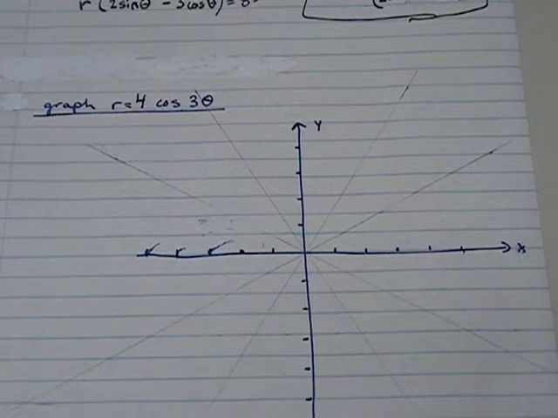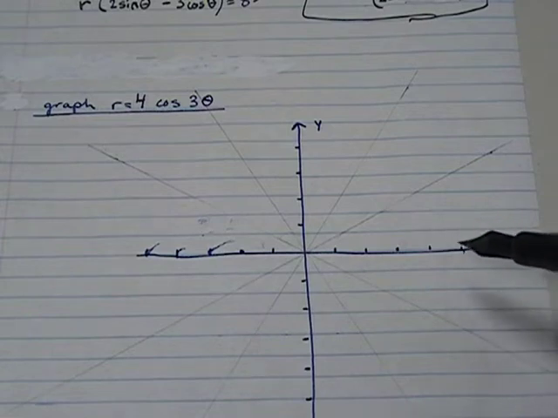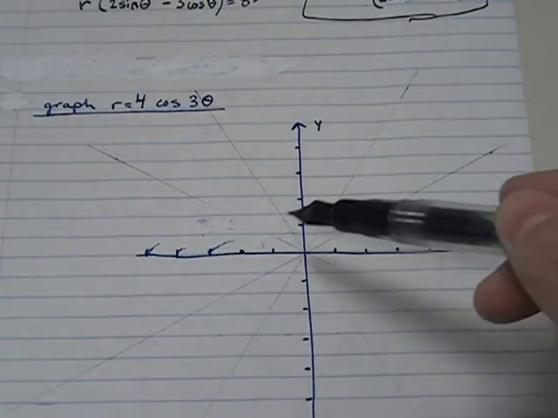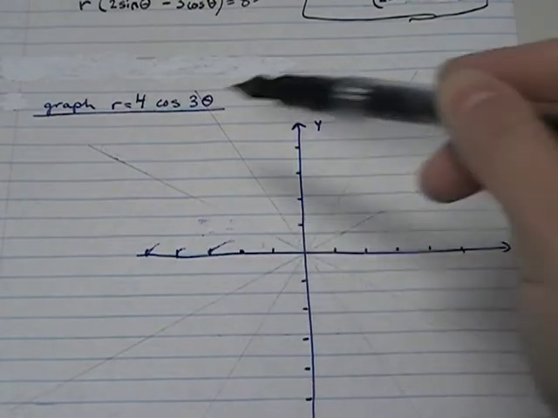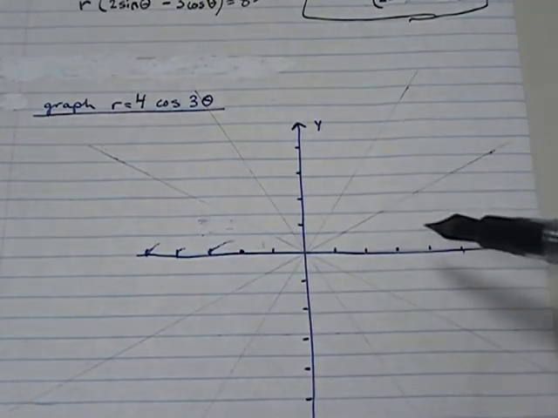If you look at polar graph paper, and I don't have any polar graph paper, you tend to see an XY axis, and then you tend to see rings. And there's a ring at 1, a ring at 2, a ring at 3, a ring at 4, and then you see these angle lines.